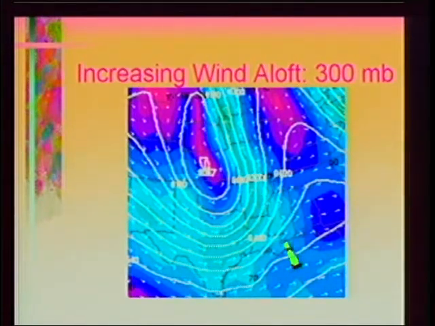So in this region here, over East Texas, over Arkansas, Louisiana, and Mississippi, up into Missouri, the height contours are closer together, the wind vectors are longer. So if a thunderstorm develops in this region here, it's going to be tilted more significantly than if the thunderstorm developed out over here in Georgia, Tennessee, Alabama.